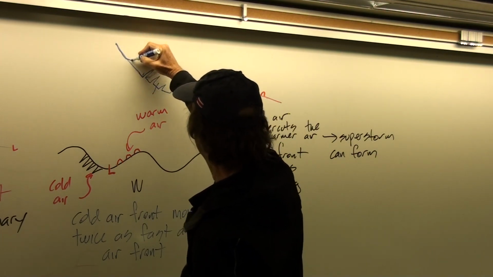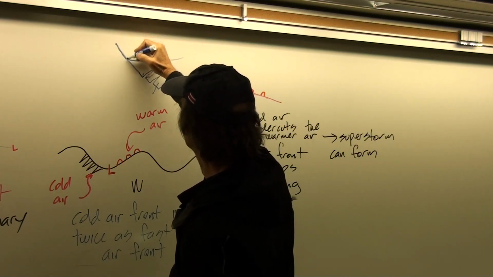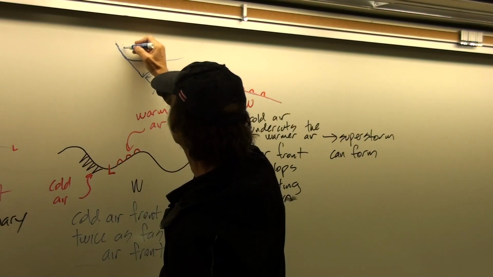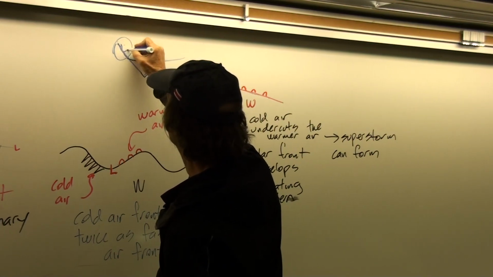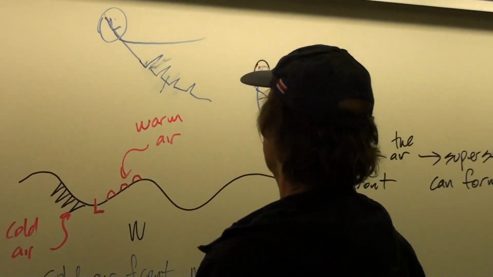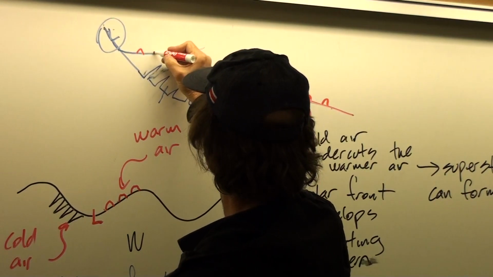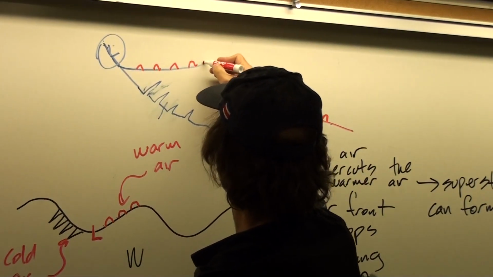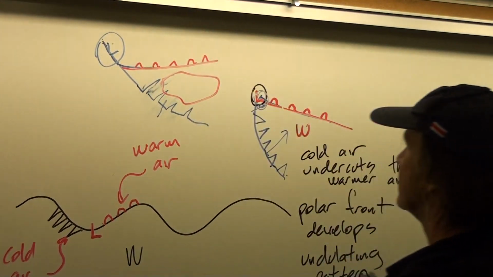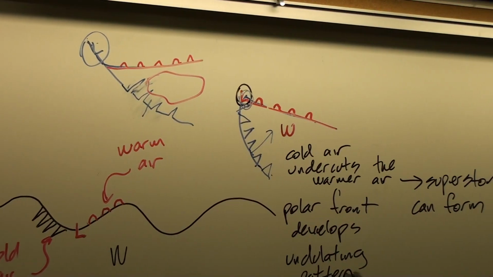And along this whole boundary, it's already undercut the warm and created a huge, this is kind of like the eye of the storm. So this is a very big low in here, and so it's like the eye of the storm. And then the cold air is catching up with the warm air along this warm air front and creating these superstorms in that region.